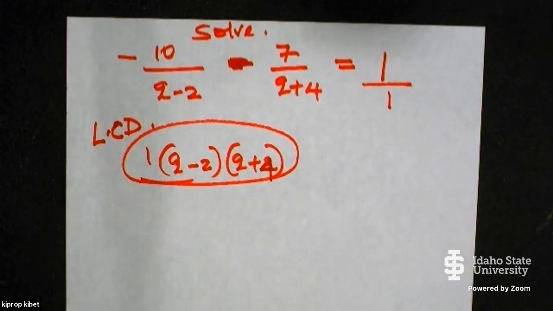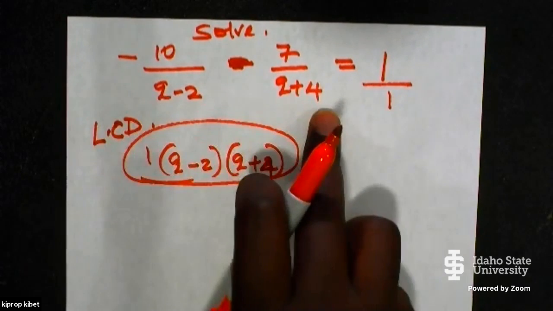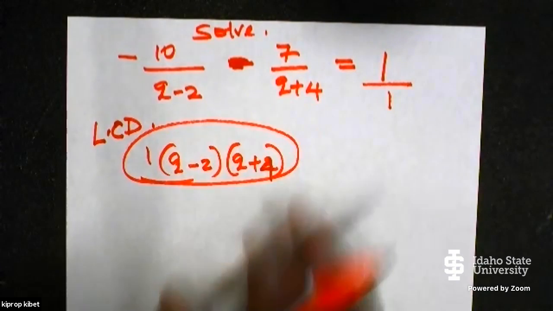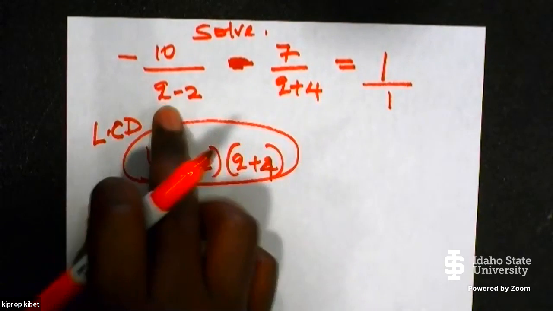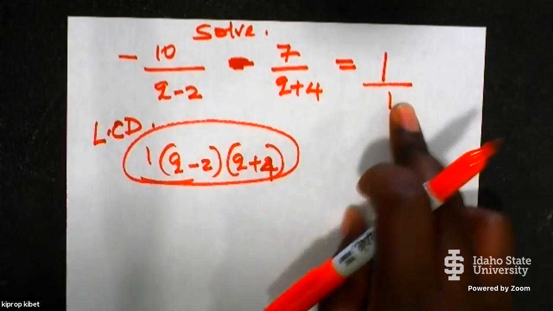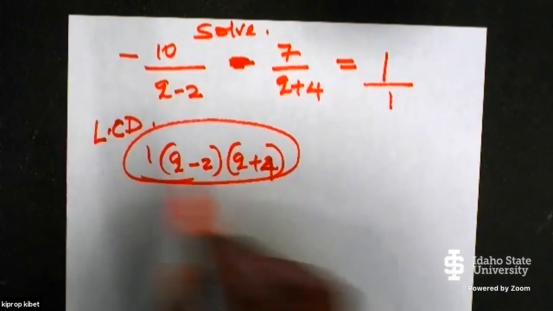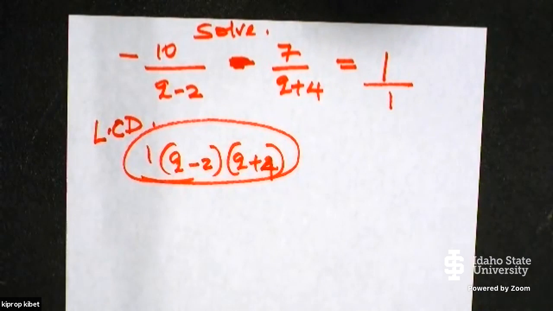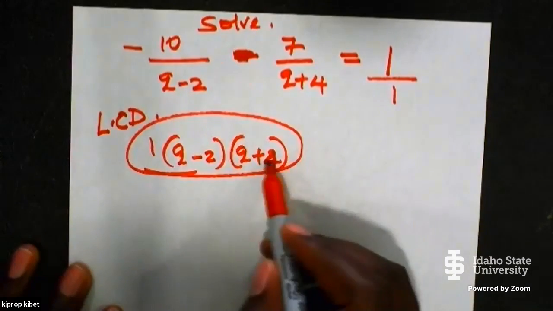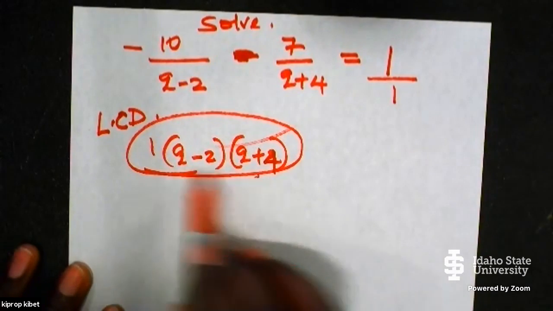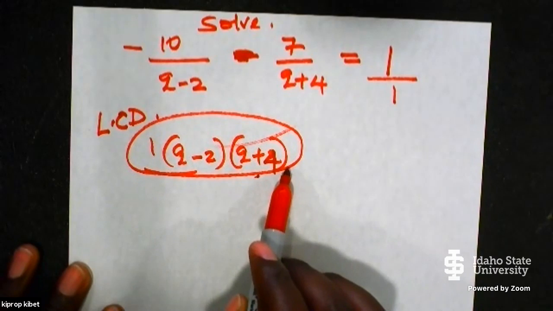So our ultimate goal here is to remove the fractions. You can take all of that and multiply, so you take this as the least common denominator. Then you multiply both sides by (q minus 2)(q plus 4).